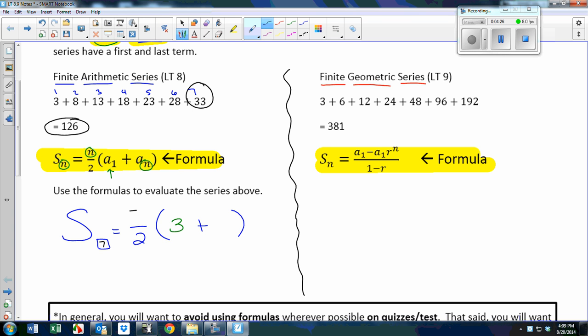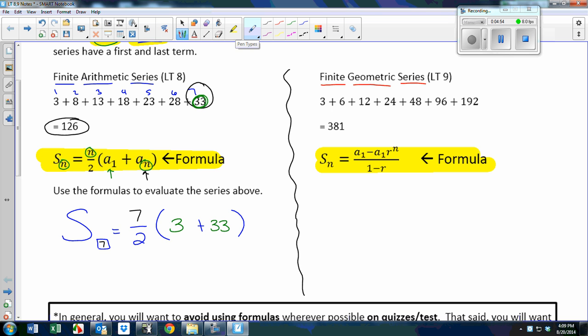A 7 is also going to go in that fraction. And now I'm going to write this as a sub 7 in the formula because it says put an n in the subscript of a. But let's look at what that is. A sub 7 is a symbol for the 7th term, and we know the 7th term is 33. So I'm going to erase the symbol a sub 7 and replace it with 33.